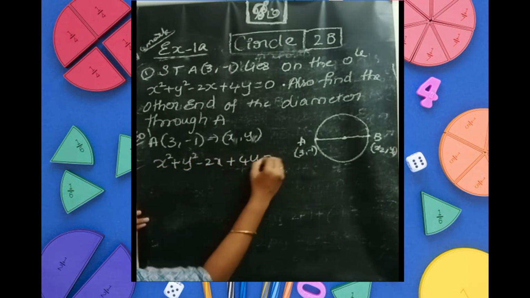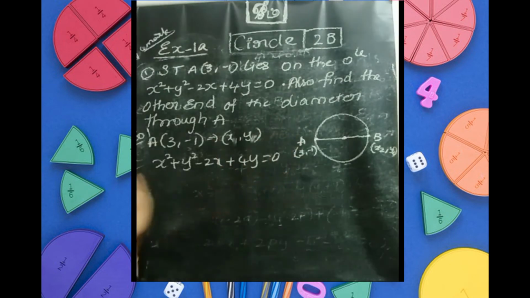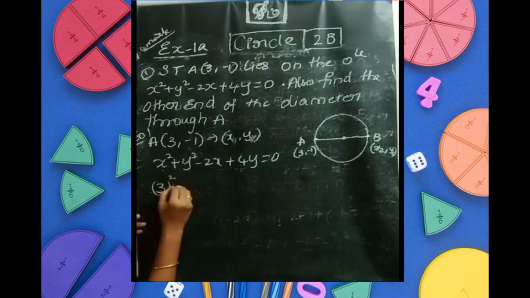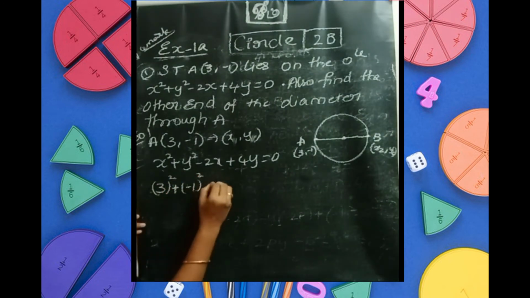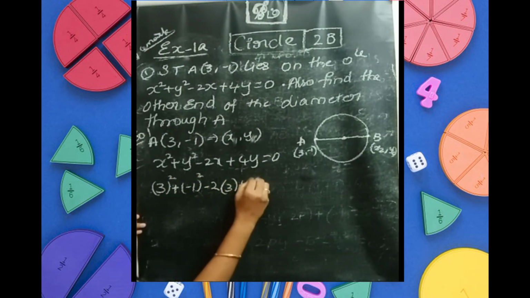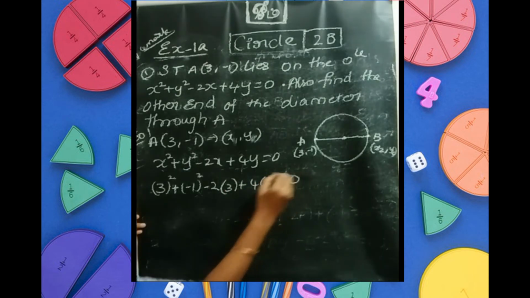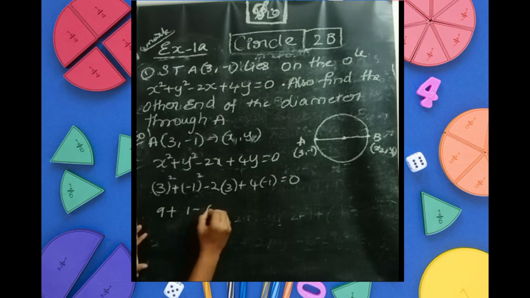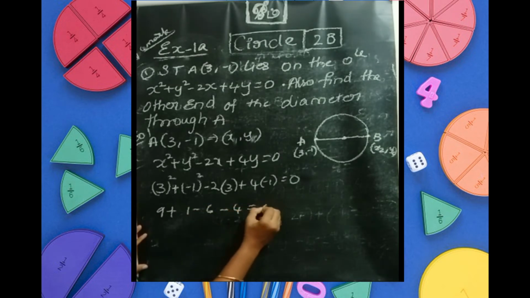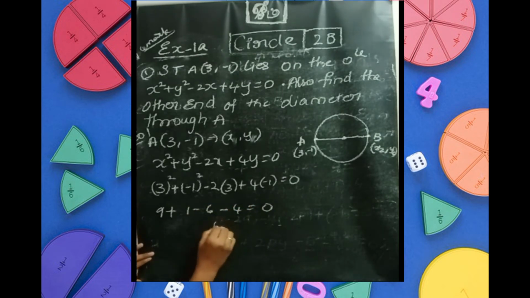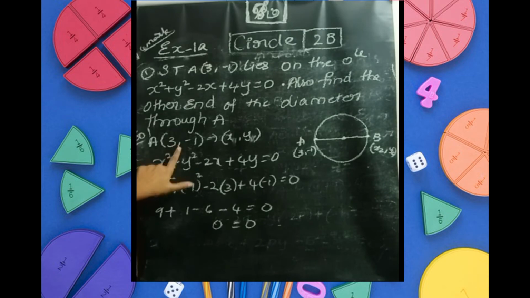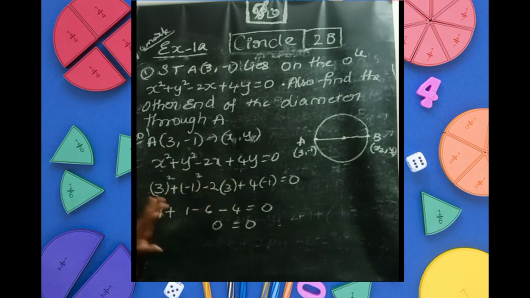If we get 0, then the point is lying on the circle. 3 whole square plus minus 1 whole square minus 2 into 3 plus 4 into minus 1 equals 0. 9 plus 1 minus 6 minus 4 equals 0. So 0 equals 0. Yes, we have proved that the point is lying on this circle.